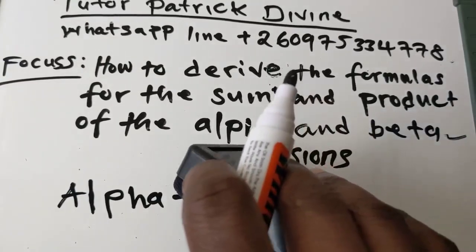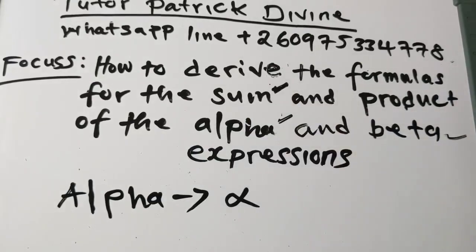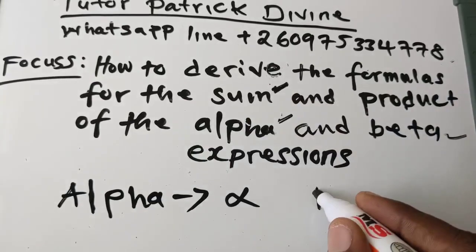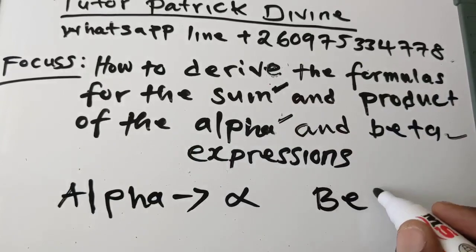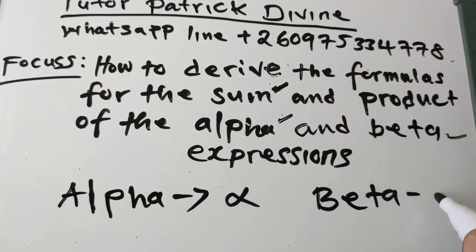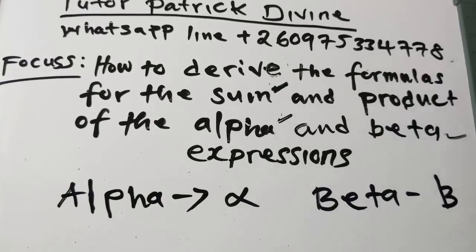That is the symbol for alpha. Then the symbol for beta is this B that you write like this, with something like that. So that is the symbol for beta.